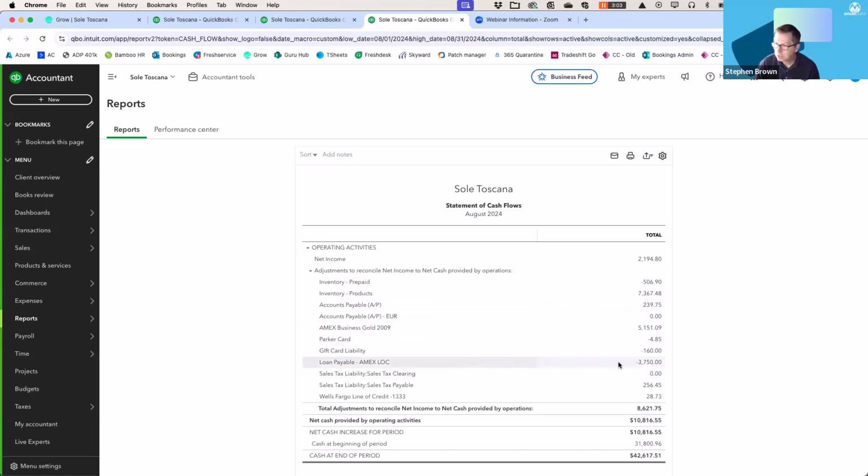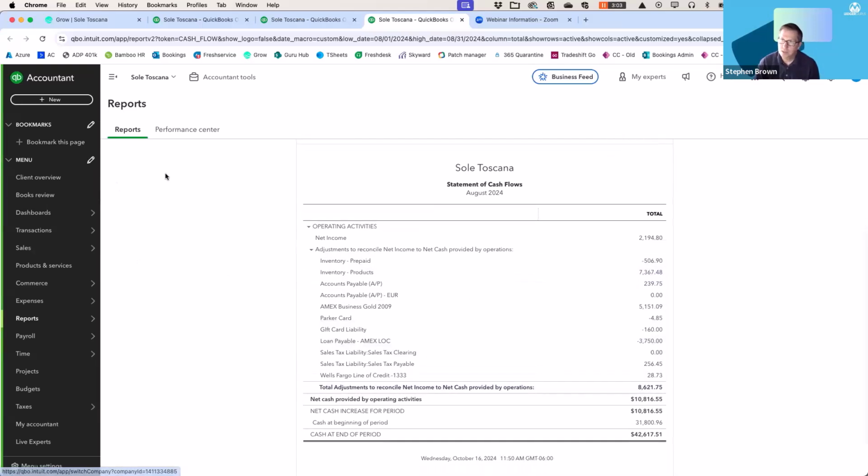So decreased a loan balance, increased inventory, increased my credit card balance. And so that's where my net cash from operations applied. So that's how I look at those things. The reality of your financial statements is they're best looked at in conjunction.